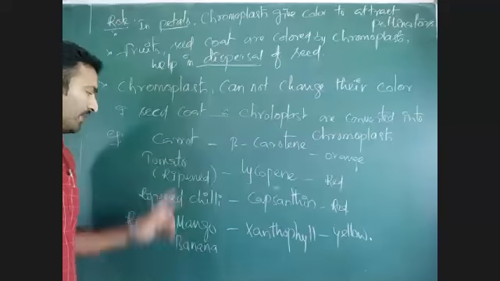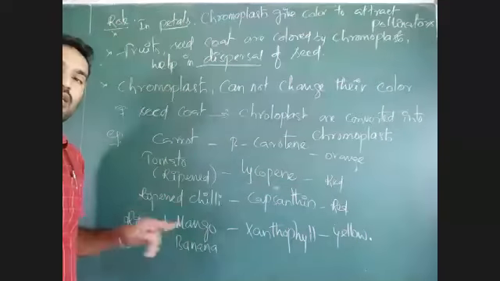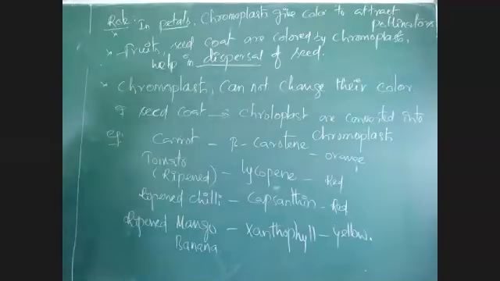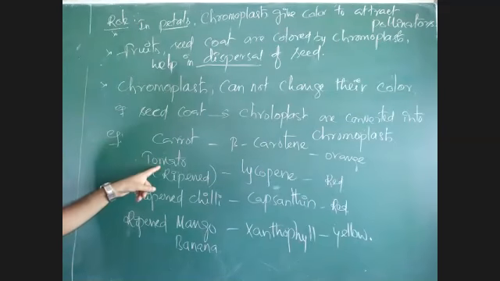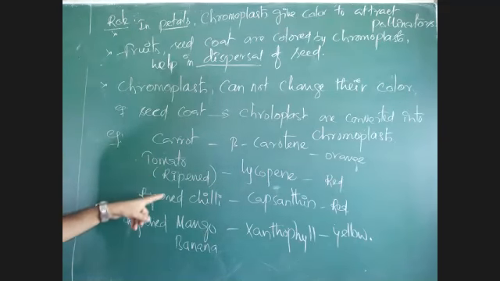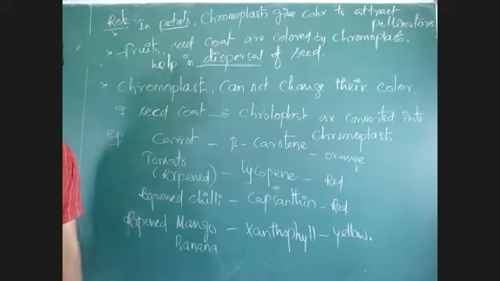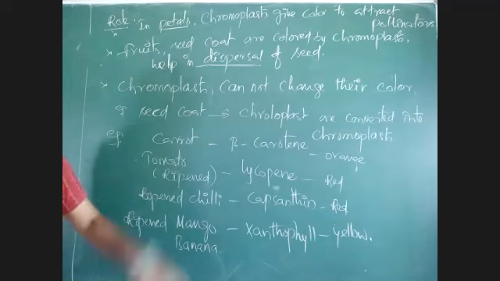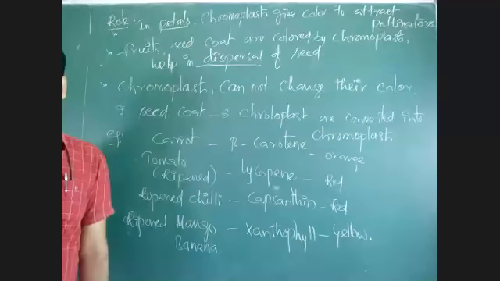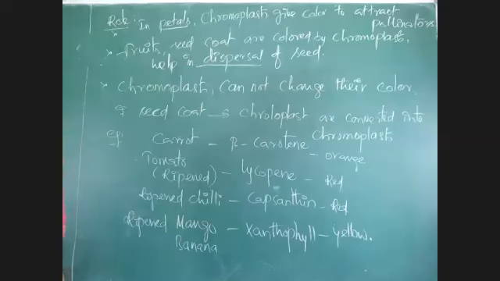But green tomato and green chili have chlorophyll. Chloroplasts, which contain chlorophyll and are present in green tomato and green chili, are converted into chromoplasts. First there is presence of chloroplast. Chloroplast is converted into chromoplast. That is the difference. Okay, right?